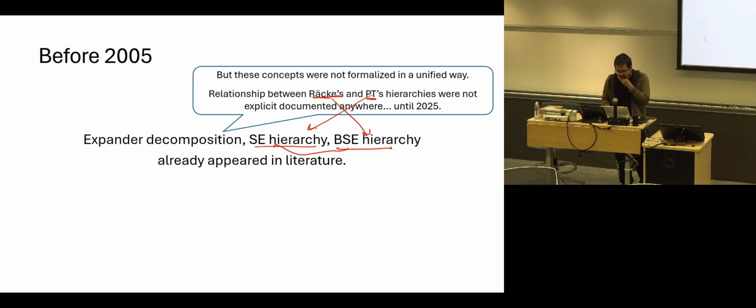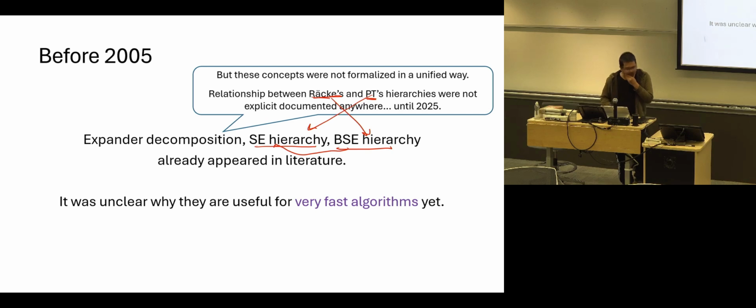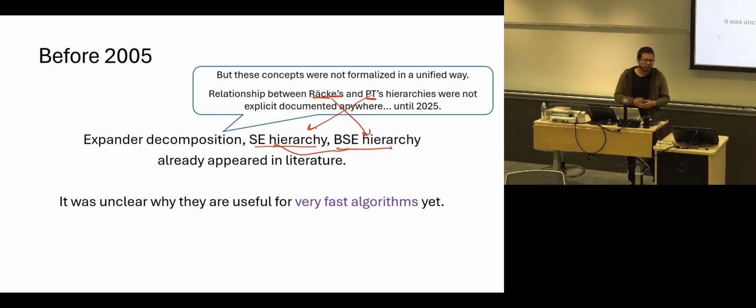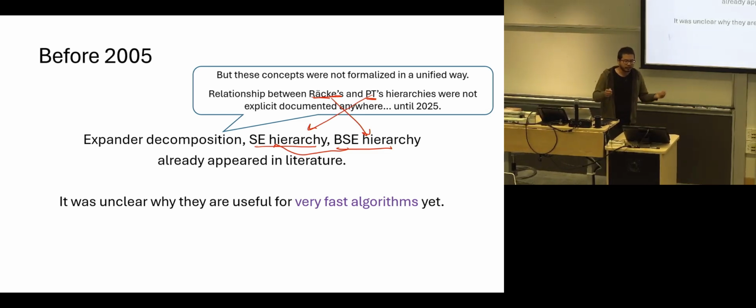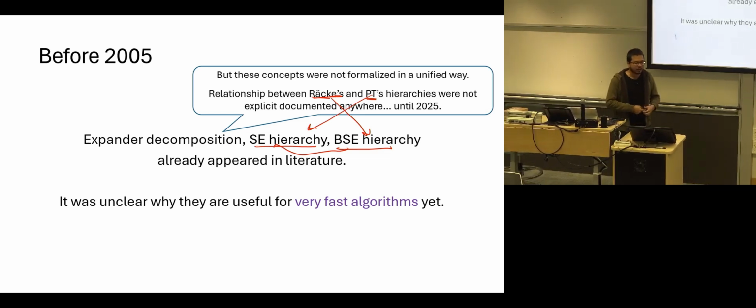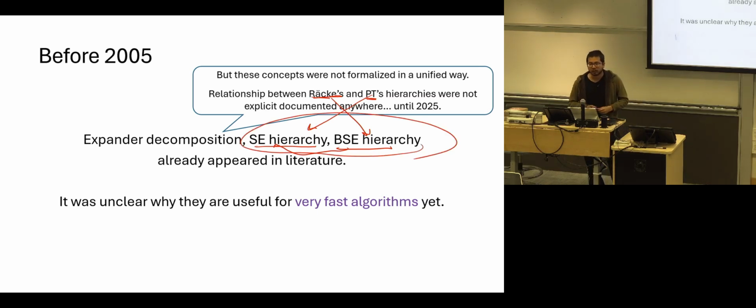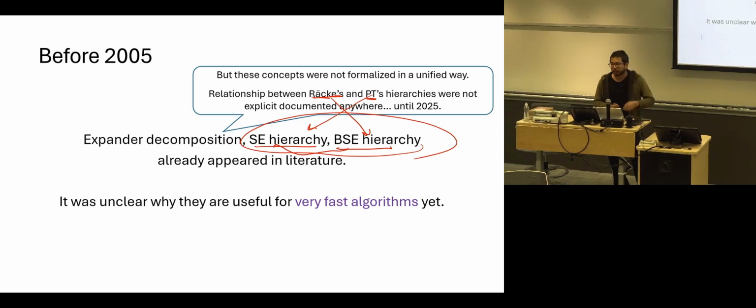But anyway, it was unclear why these things are good for fast algorithms. Tree-flow sparsifier is nice. It preserves the graph, but it takes a long time to build. All this hierarchy takes a long time to build during that time.